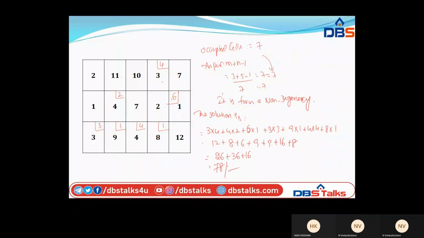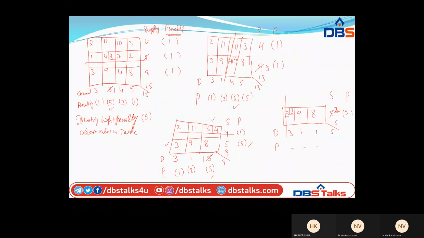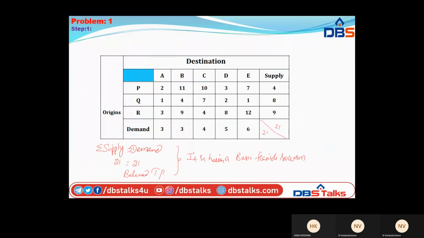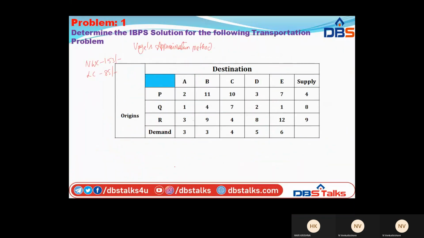So if we compare all these, in the starting itself, we found the same problem for different methods. NWC is having 153, LC is having 85, and VAM having 78. So finally, which method is giving the best solution means the VAM will give the best solution.